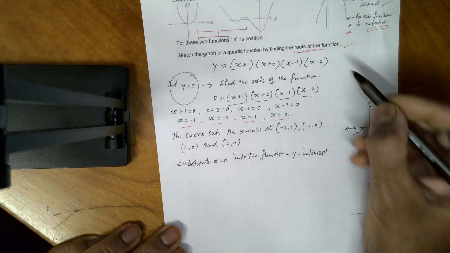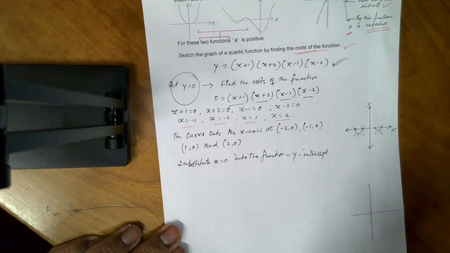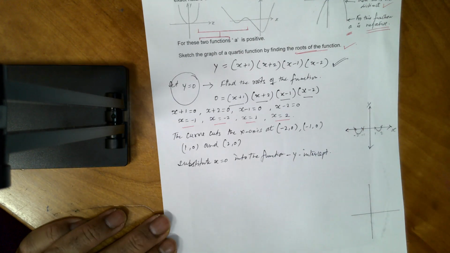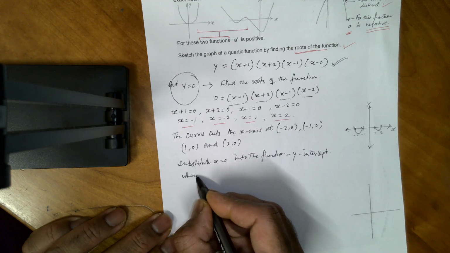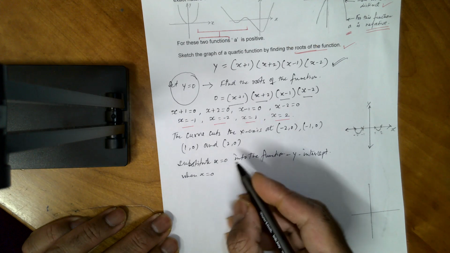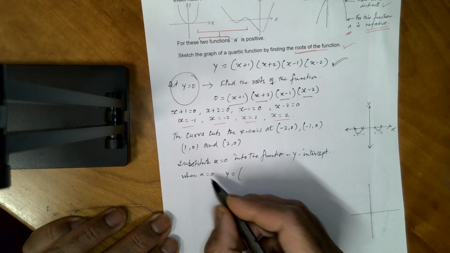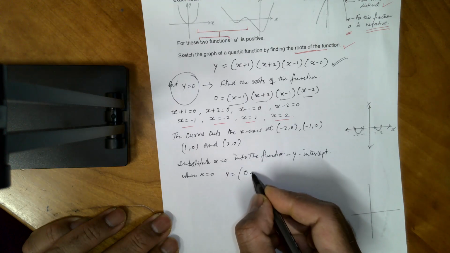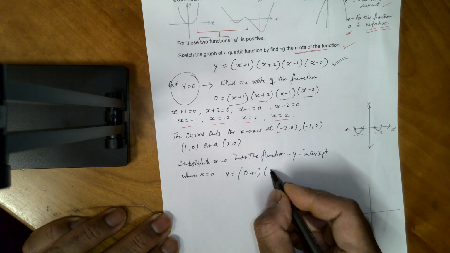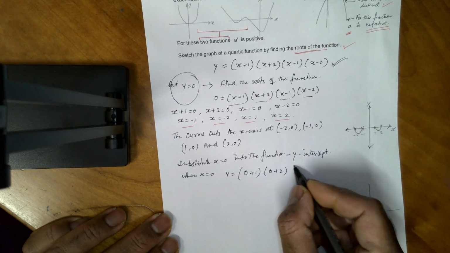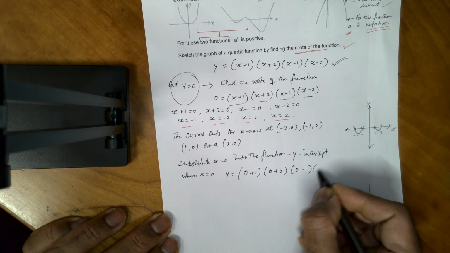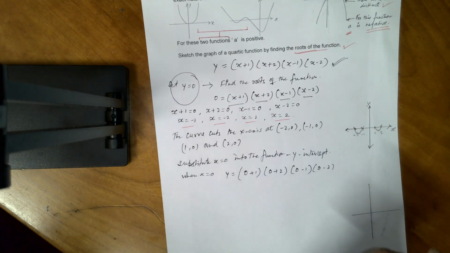This is our equation, right? When x is equal to 0, we have y, with x as 0, so you got 0 plus 1, 0 plus 2, 0 minus 1, and 0 minus 2.